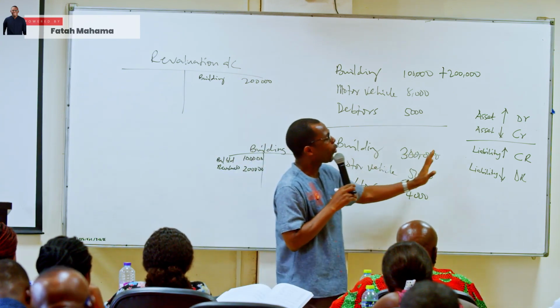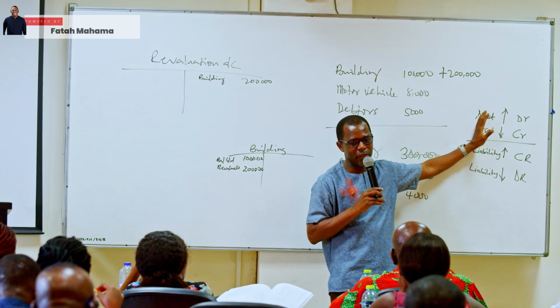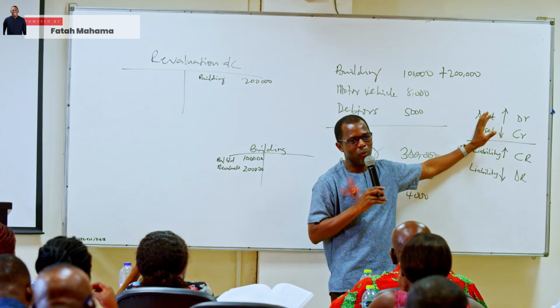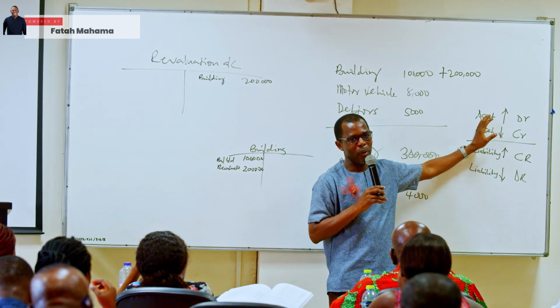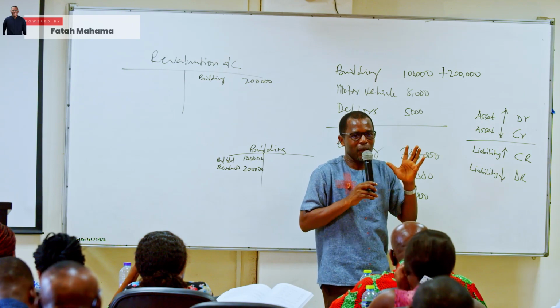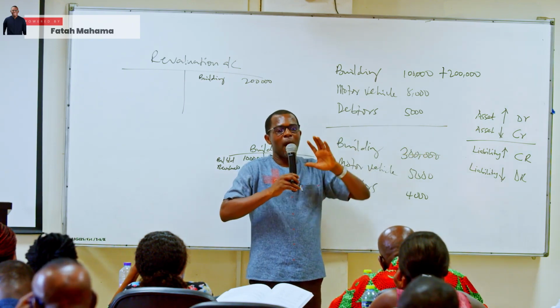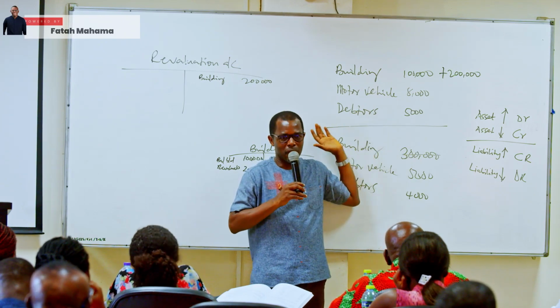I normally don't like doing this because this requires memorization, and if you switch them around, it becomes a problem. But if you understand the thinking, all assets without exception are debit.